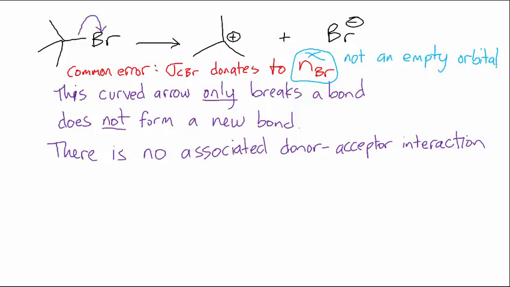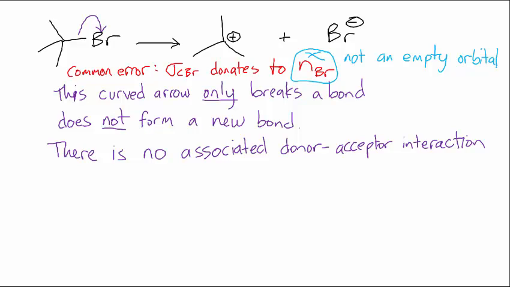What people are describing when they say this, they're really describing the transition that occurs. The sigma CBr orbital in this reaction step actually becomes a lone pair on bromine. That is a true statement. It is accurate to say the sigma CBr orbital becomes a lone pair on bromine. But when we're thinking about donor-acceptor interactions, we're not talking about what happens to the orbitals in the products.